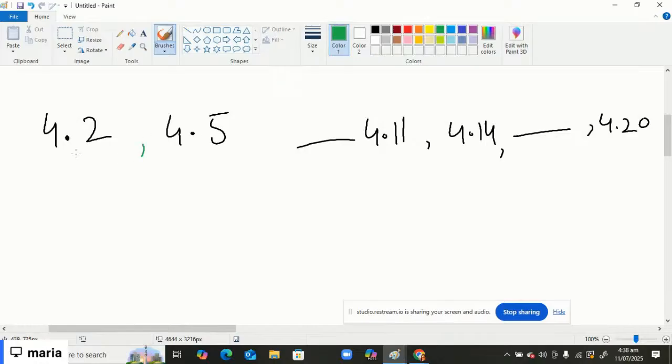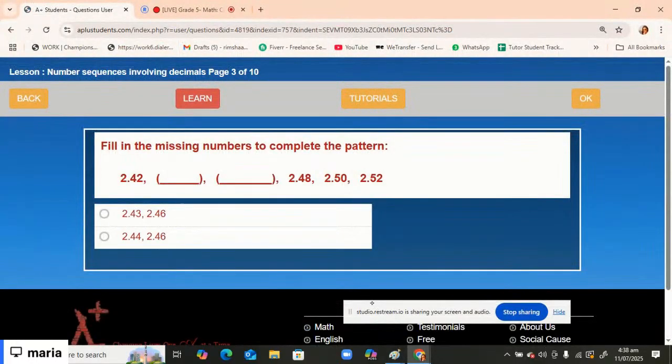So three numbers are increasing. 4.2 to 5 is 3. 4.5, then 4.8, then 4.11, 4.14, adding 3, 4.17, then 4.20. So three numbers are being added here, and in this way you get the answers. From here, 2 are increasing: 2.44, 2.46.